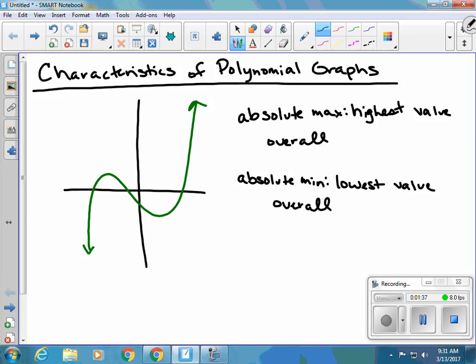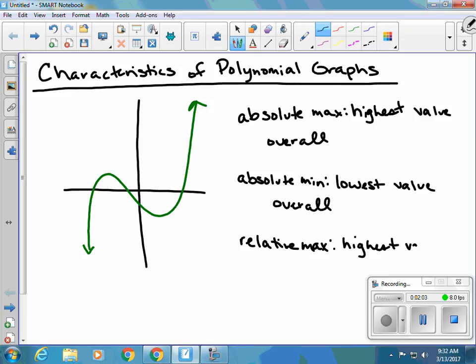But looking at this specific graph, we have what's called a relative maximum and a relative minimum. So a relative max, this is within a specific, what they like to call neighborhood, in which there is a lowest or a highest point.